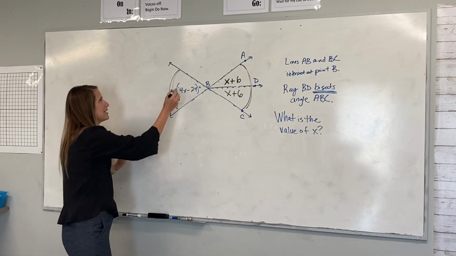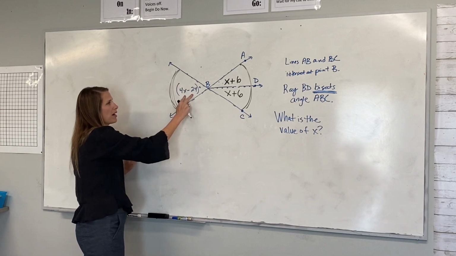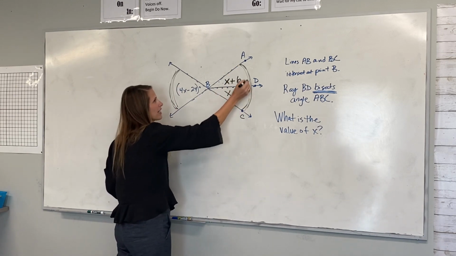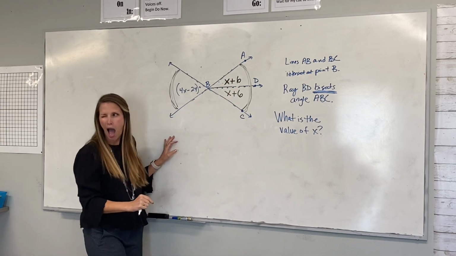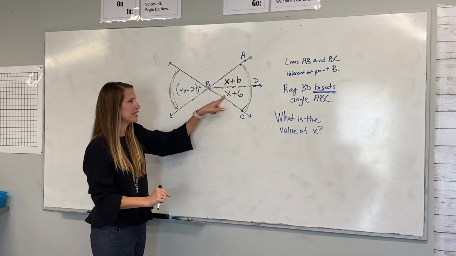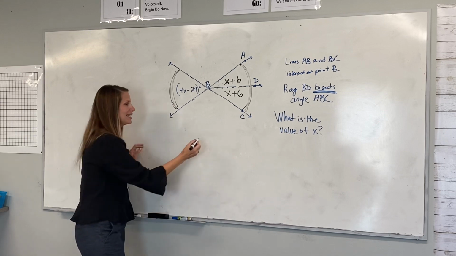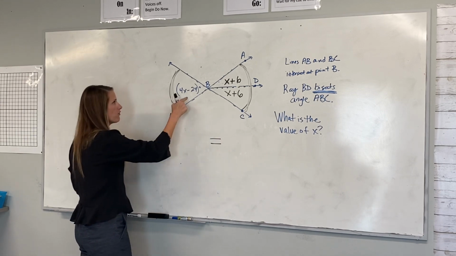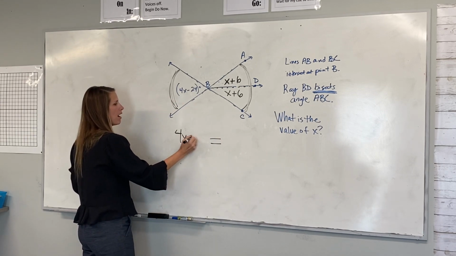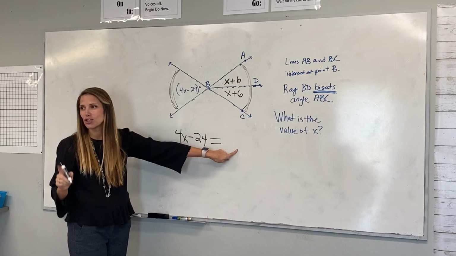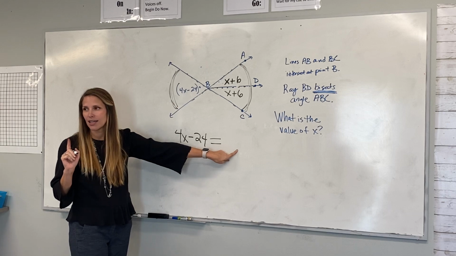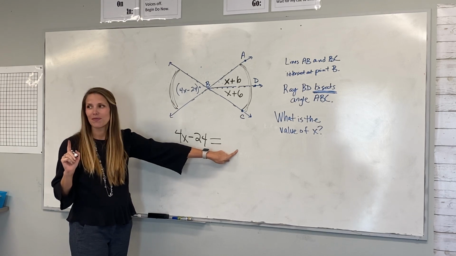Okay, so that means this angle represented by this, and this angle represented by two of these, are equal. So 4x minus 24 is equal to what? X plus 6. So close.